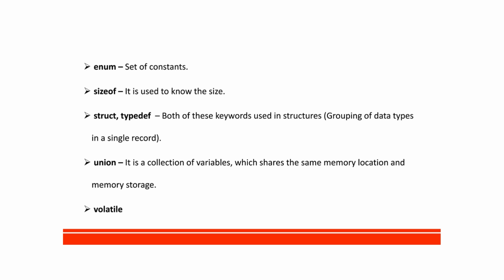The union keyword is used as a user defined data type. All data members which are declared under the union keyword share the same memory location.